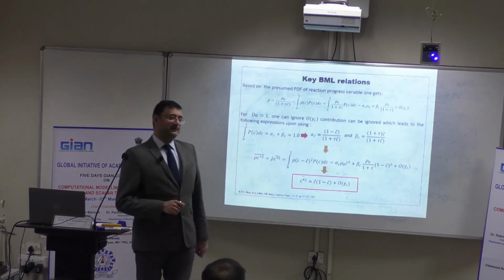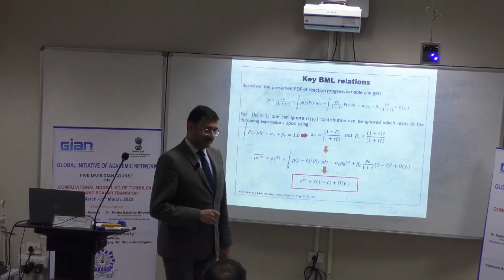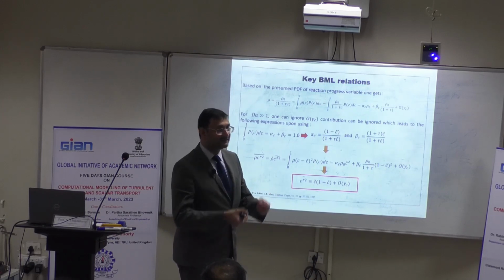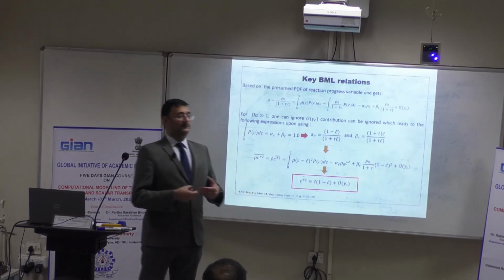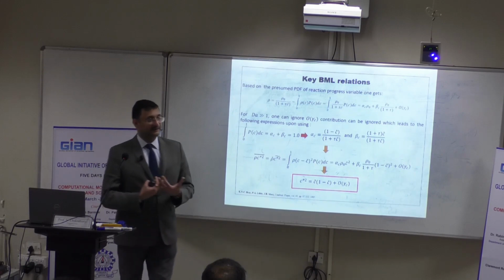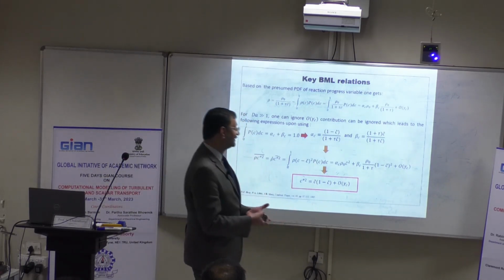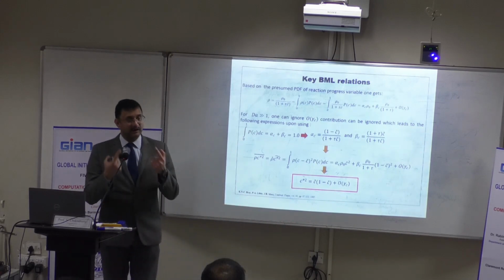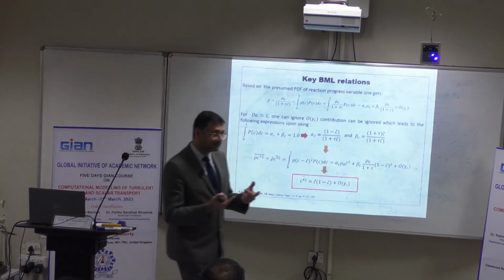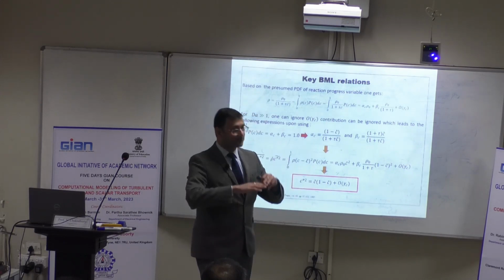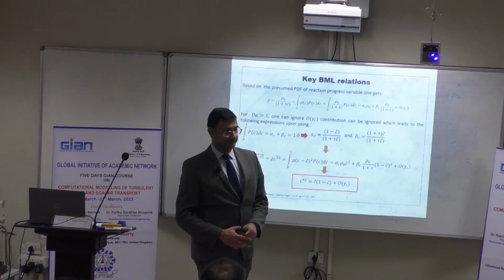Earlier today we talked about a quantity called segregation factor. I told you that it characterizes the extent of mixing. And I told you when segregation factor is equal to 1, it's not mixed. If segregation factor is 0, then it's completely mixed.